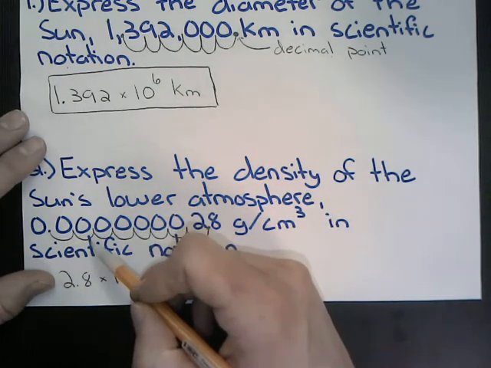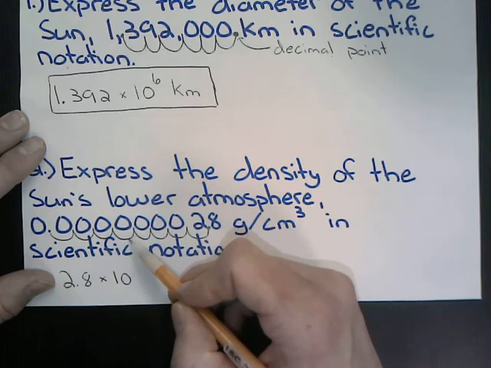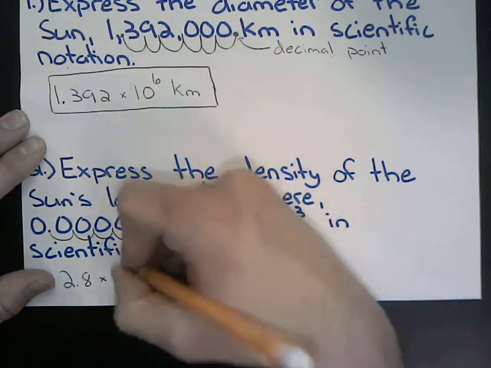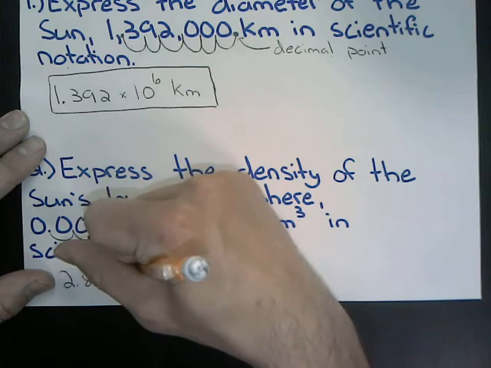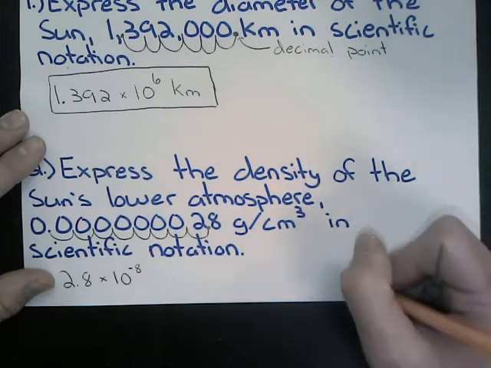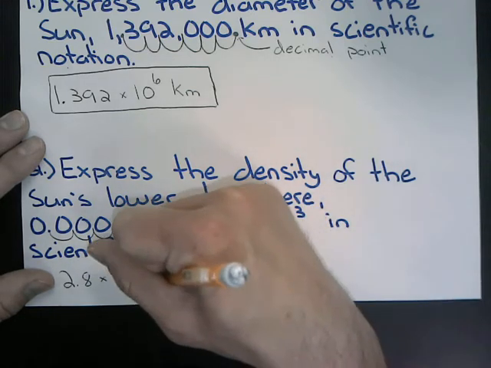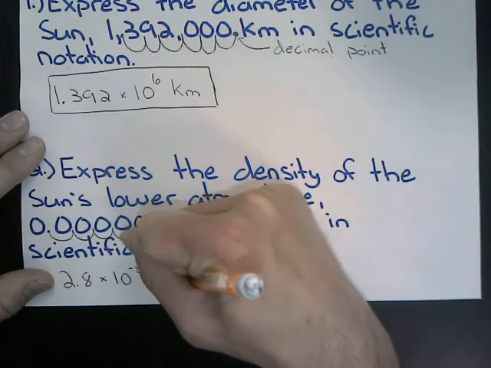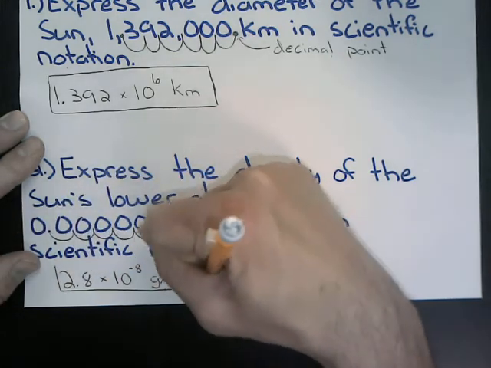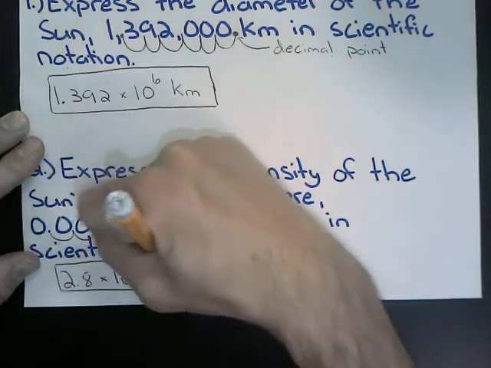So we have 1 hump, 2, 3, 4, 5, 6, 7, 8. And it's a negative power because we moved to the right. And we always have to put our units. That was a measured quantity, so we have to keep it as a measured quantity by putting our units.